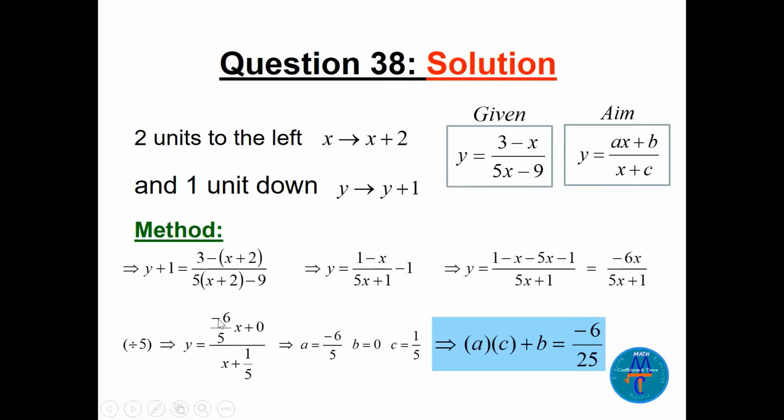So it becomes minus 6 over 5 x plus 0, or 0 over 5, it's 0, over x plus 1 over 5. Now a is minus 6 over 5, b is 0, c is 1 over 5. Just multiply a times c, minus 6 over 25, plus the 0, which is the b. So the answer is minus 6 over 25.